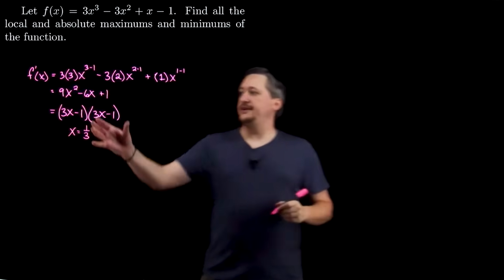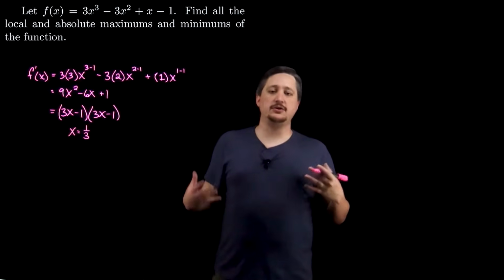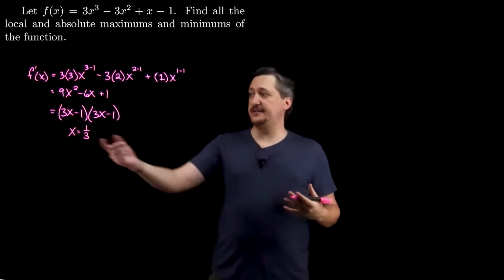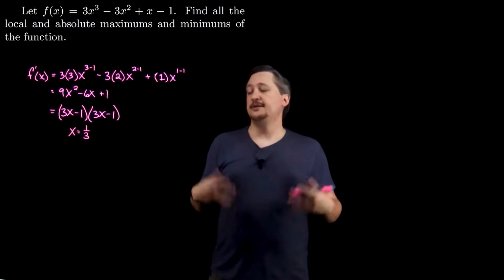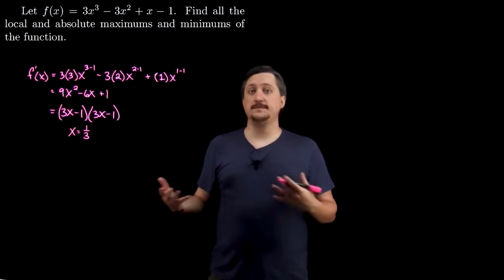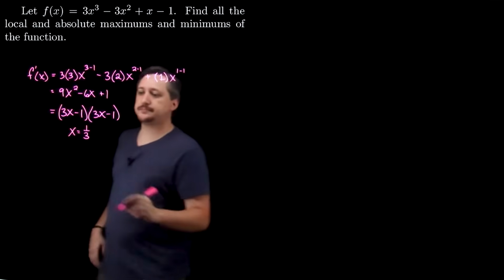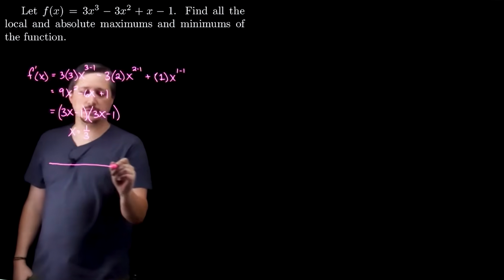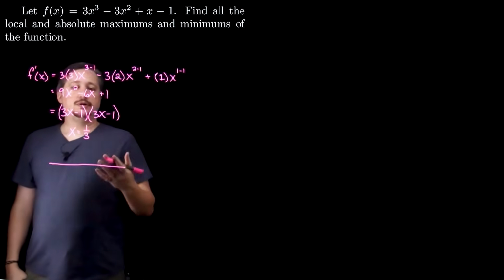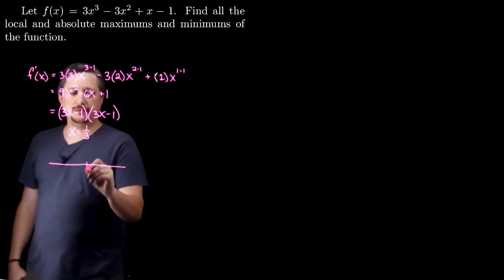So then I want to take this and use a sign chart, right? This gives me the critical point of 1/3. I'm going to use the sign chart to see whether or not that critical point is actually a max or min. The only 0 I have is at 1/3.